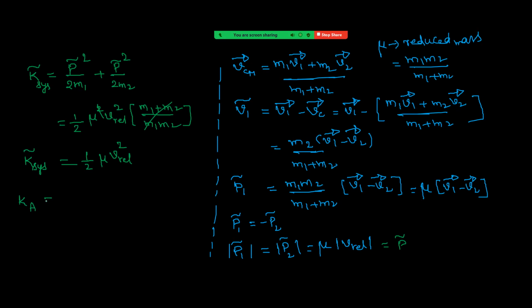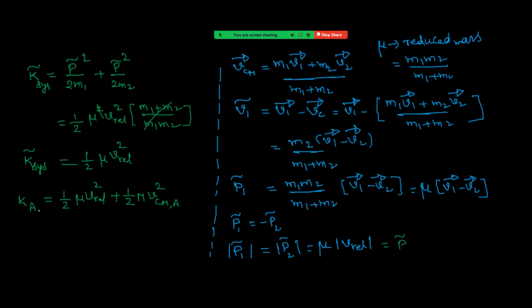Kinetic energy in that frame is equal to the kinetic energy in the center of mass frame, that is half mu V relative square, plus, you can see in that frame the system moves as a whole, or the system is moving with a velocity equal to the center of mass velocity. So here I can write half into total mass into VCM square. This is the kinetic energy in that frame.